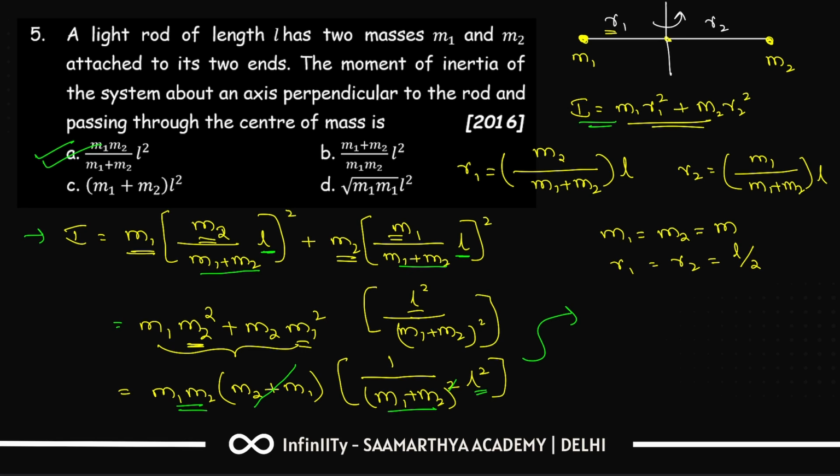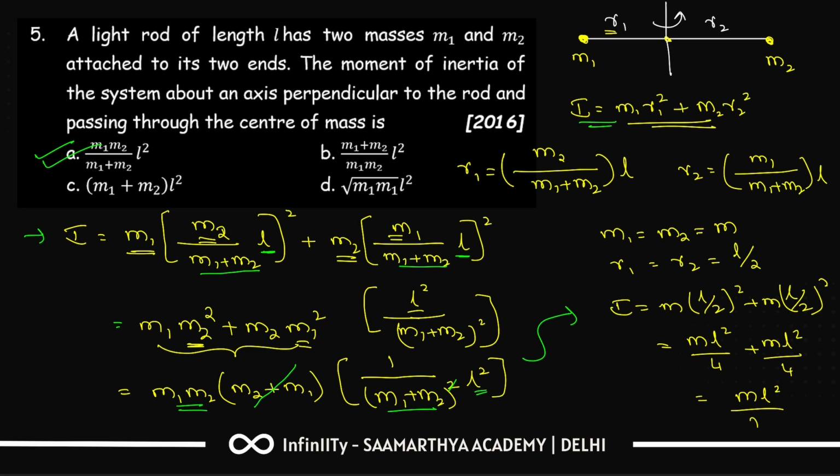अब ये वाला इक्वेशन ले लो. I is equals to M L by 2 square plus M L by 2 square. This will be ML square by 4 plus ML square by 4. ये क्या हो जाएगा?